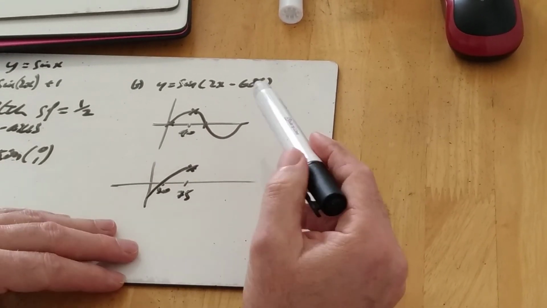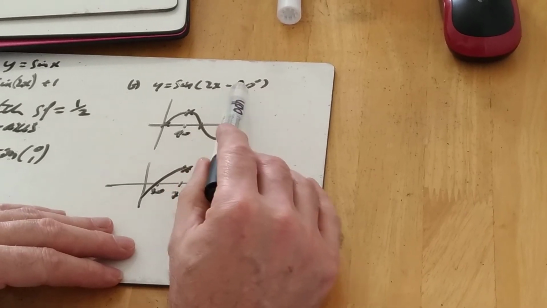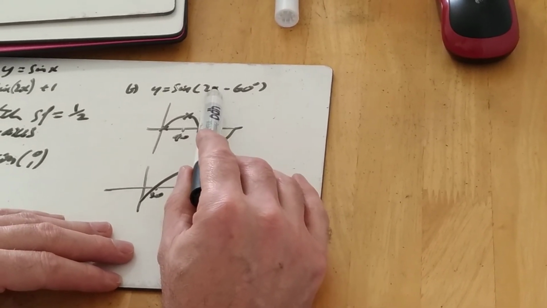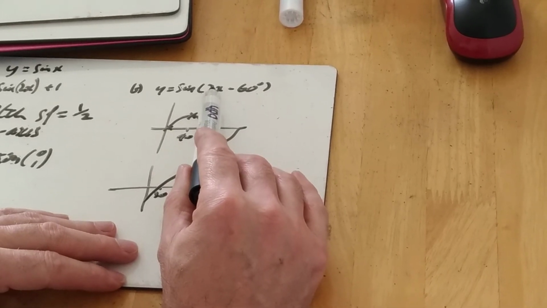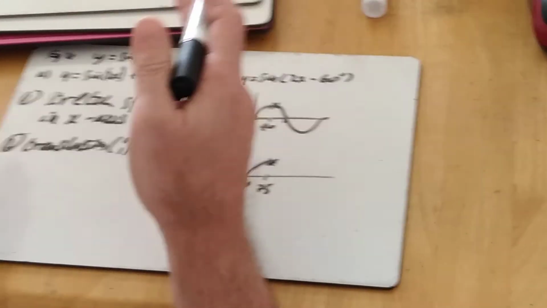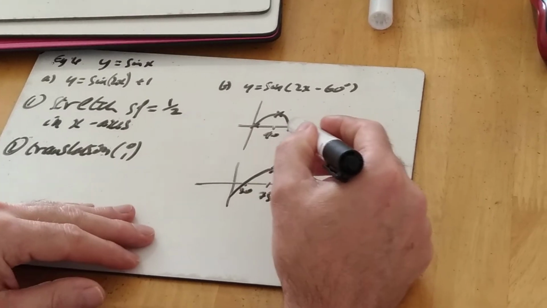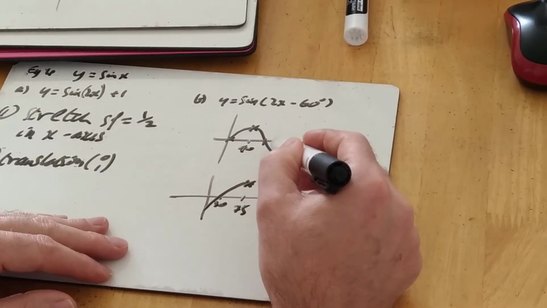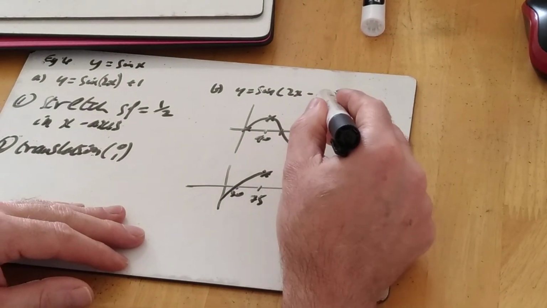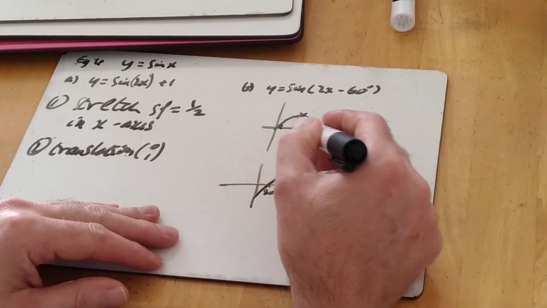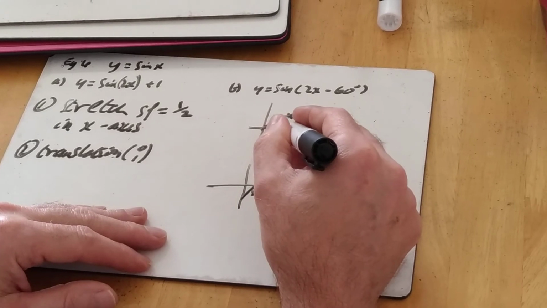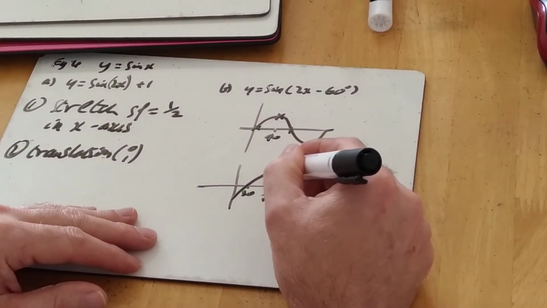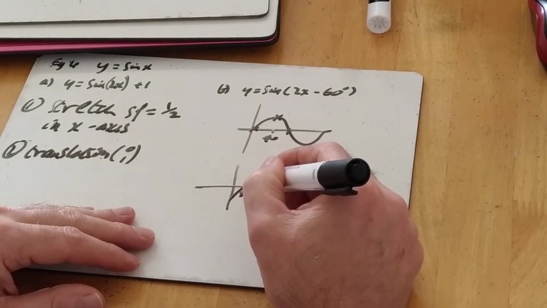I've got to be quite careful, because if I consider doing it in what I would think is the obvious way to do it, i.e. do the 2 first because it's closer to the x and squish everything, then I would get a curve that will go from 0 to 90, 90 to 180 like that. And if I then moved it 60 up, that curve would cross at, instead of 0 and 90, it would cross at 60 and 150, whereas this one is crossing at 30, not 60.